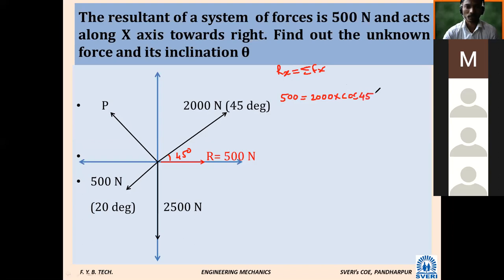Cos 45 plus. It will be plus. Then the 500 Newton component. What will be its x component? This angle is 20 degrees. So its x component will be cos 20.